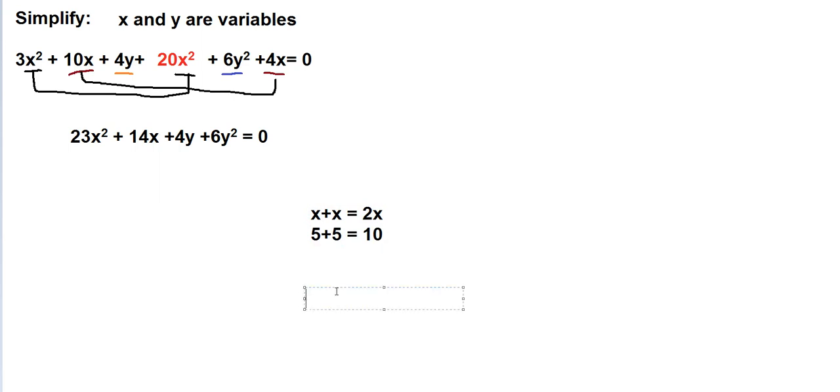The problem with x squared is that it's x times x. When we have x times x plus x, if we don't know what x is, we don't know how many individual x's we're adding together. So when simplifying like terms, you have to have the exact same combination of variables, which includes the powers that are present.